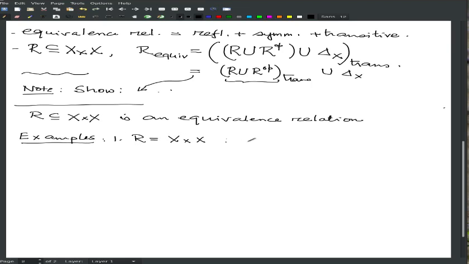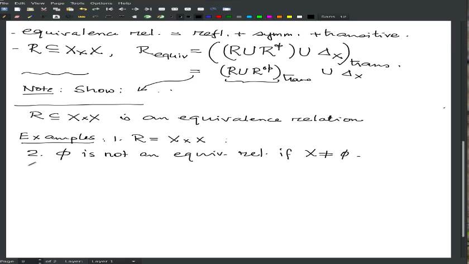It's reflexive, symmetric, transitive. There is nothing to check. But the empty relation is not an equivalence relation if X is non-empty.